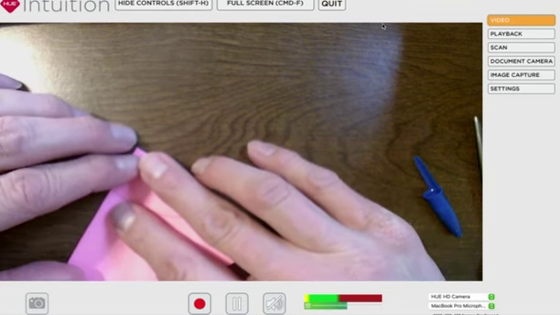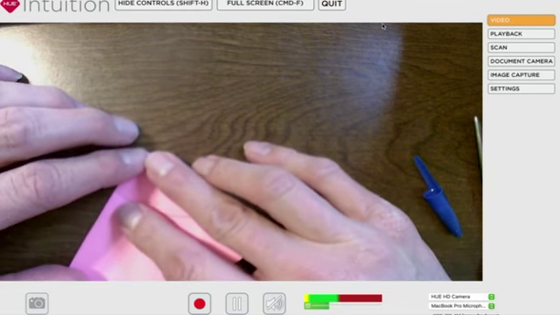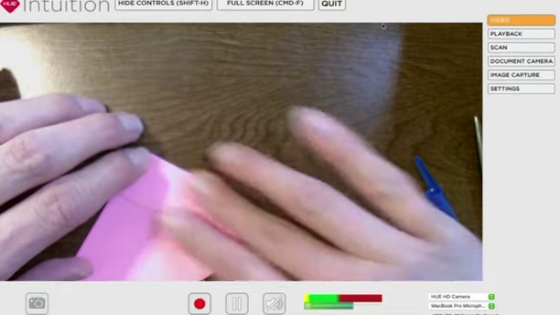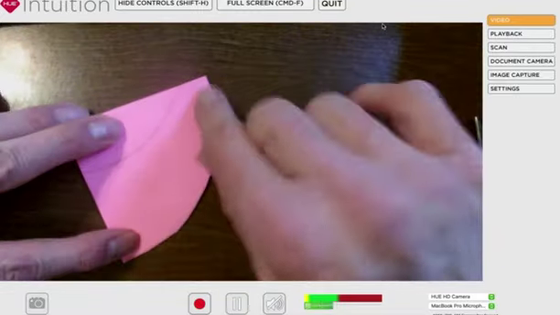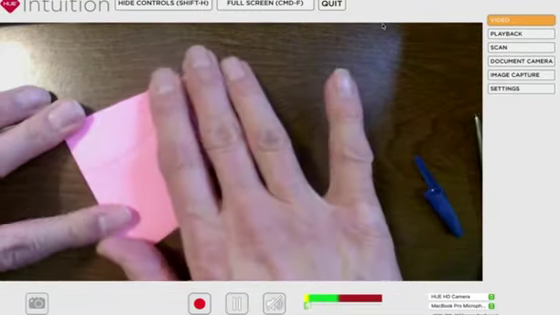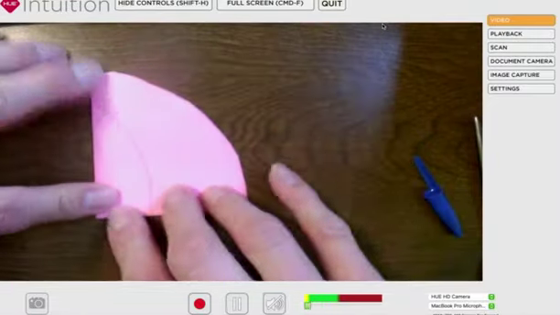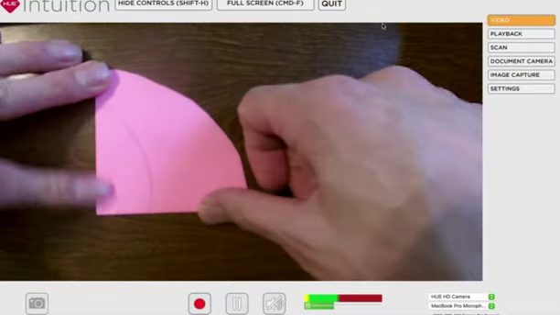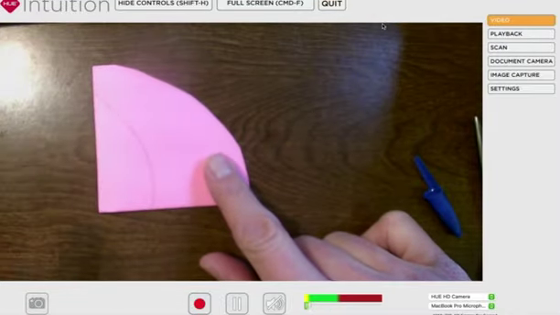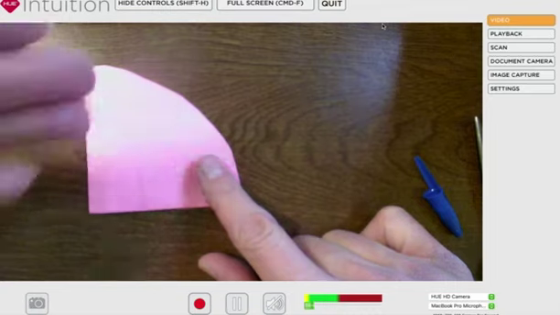As long as you match up the edges, it doesn't really matter what the rest of your circle looks like. As long as you take your circle, or something that looks roughly like it, you have your right angle template right here. What we have just created is a right angle.